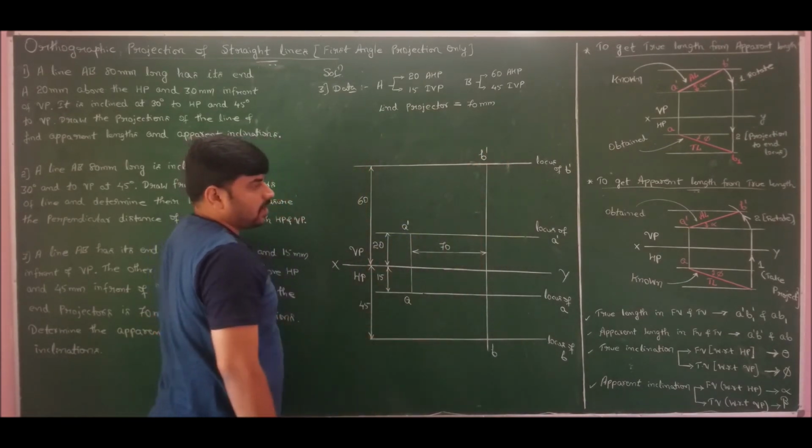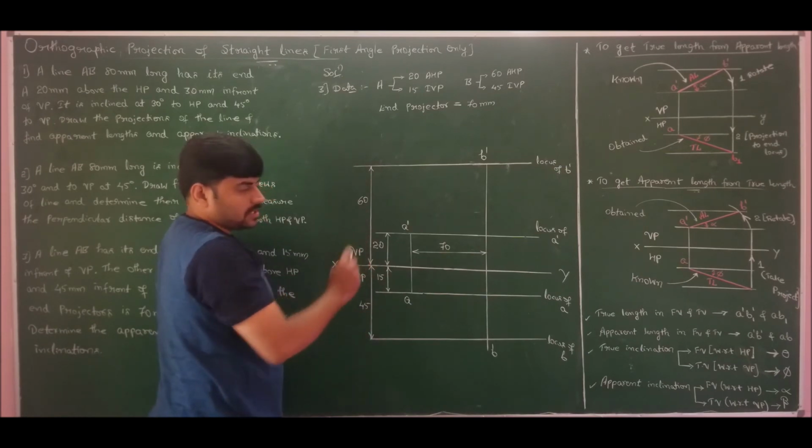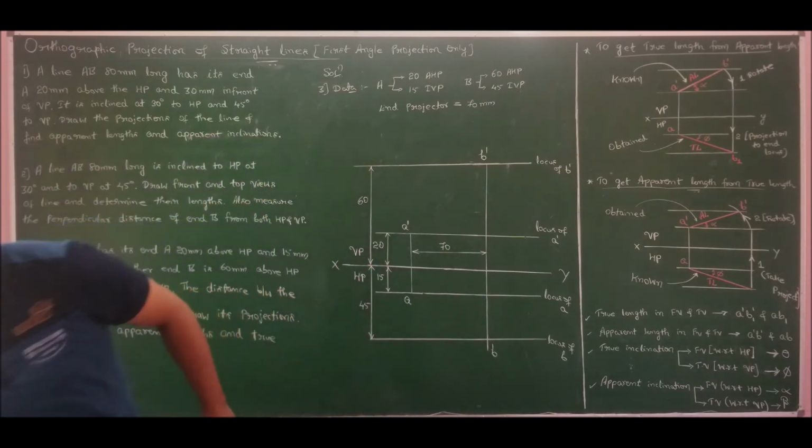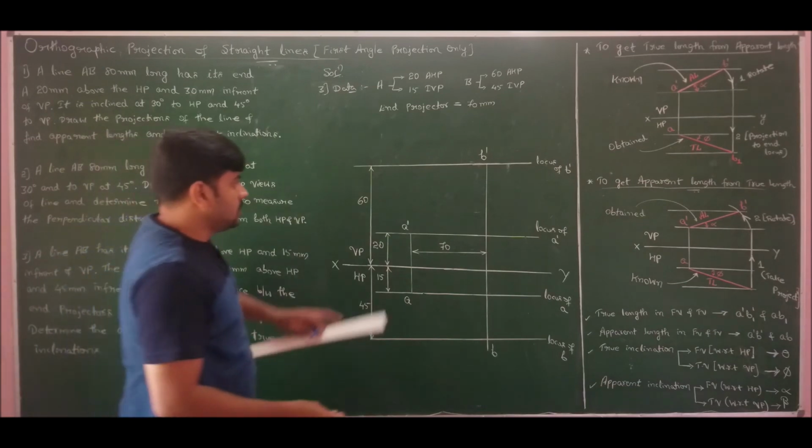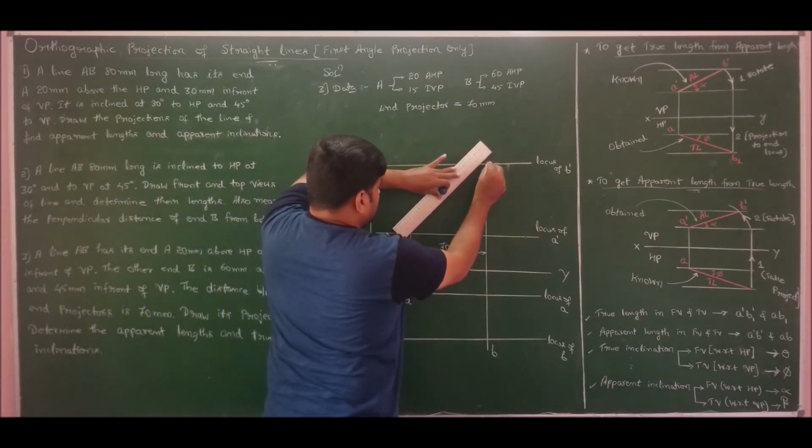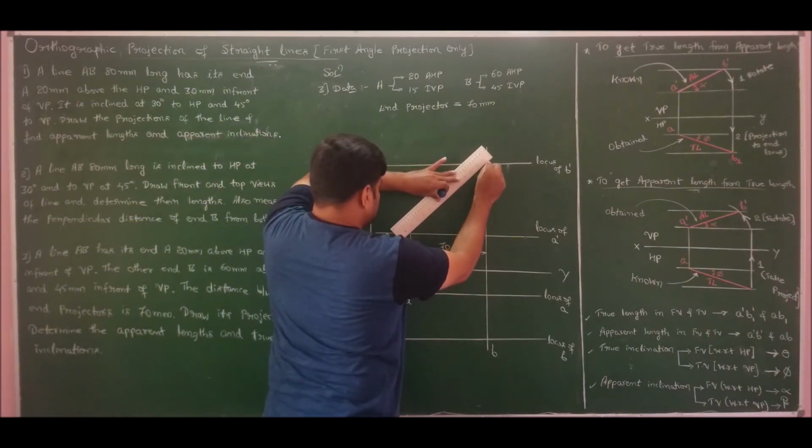So thereby I got apparent dimension. So directly I can mark it. So mark the dimensions.